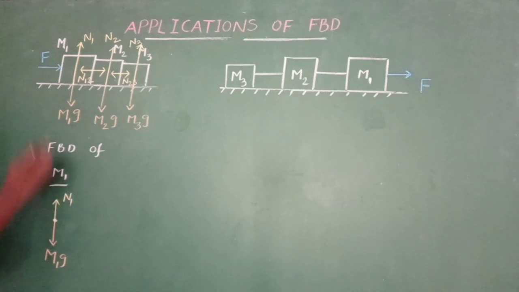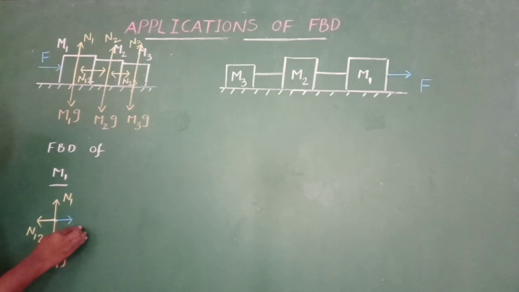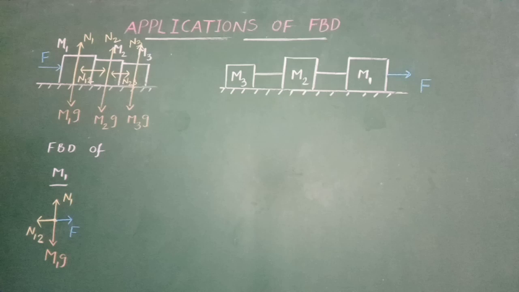And one more normal reaction, because of block 2, acts in this direction. This is N12. And one more force is acting, that is the applied force. The applied force acts in this direction, F. So these are the forces acting on the block M1.